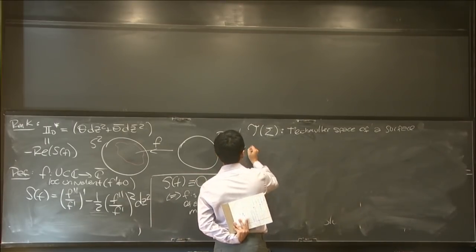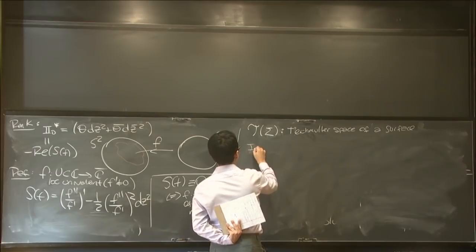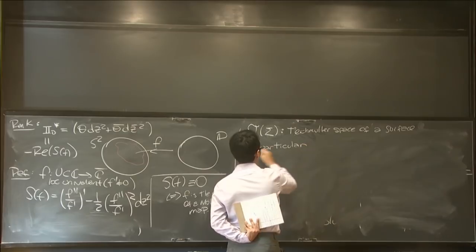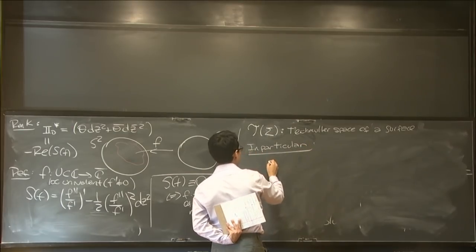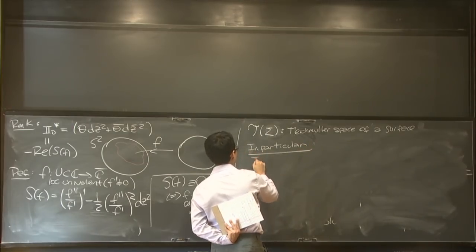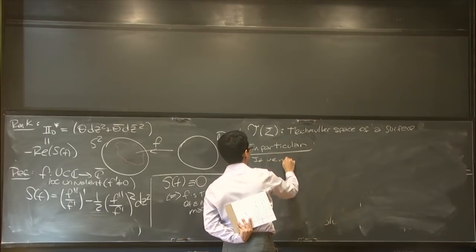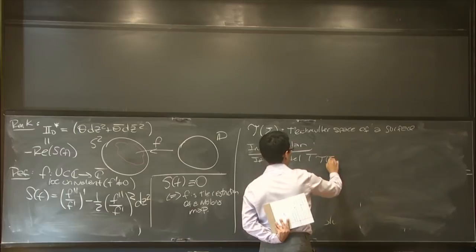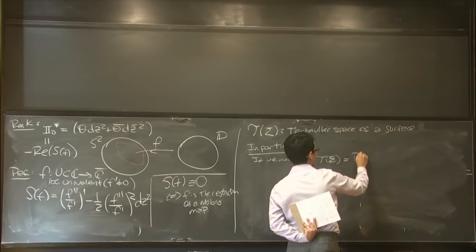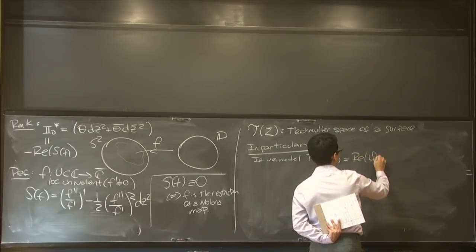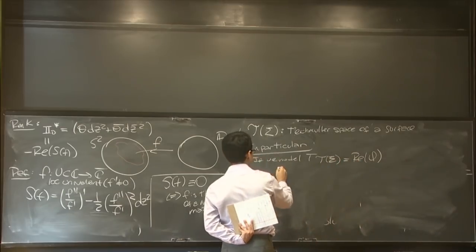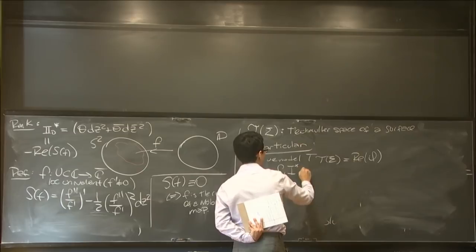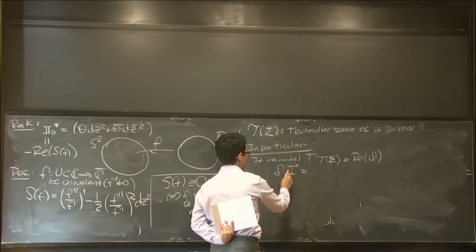In particular, I don't want to give too many details, but the bottom line story is the following. If we model the tangent space by just the real part of quadratic holomorphic differentials, then the variation of the metric has a nice formula.